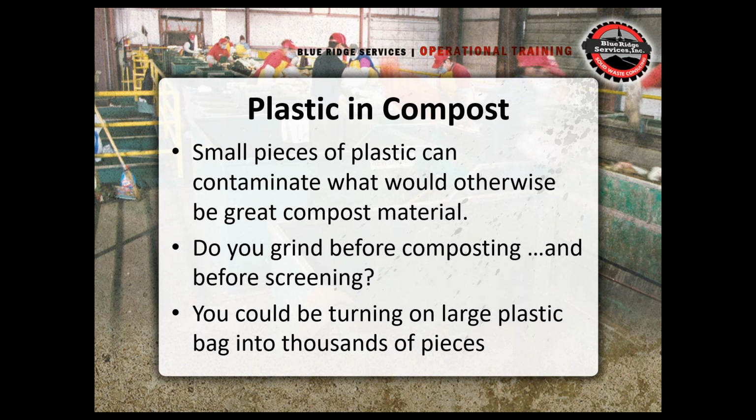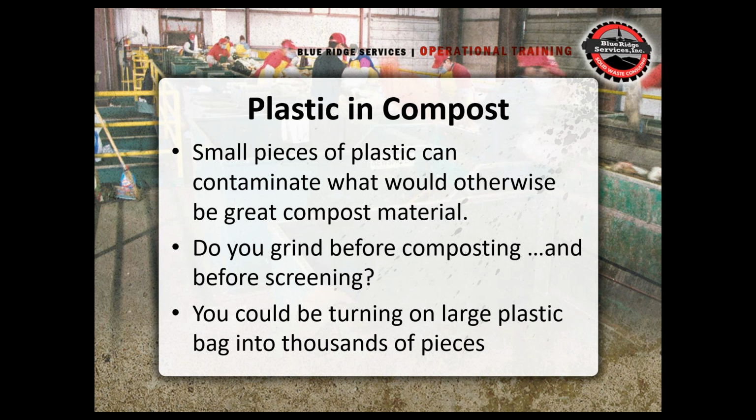Compost also has problems many times with residual plastic, and we're talking about small pieces of plastic. So if you have a garbage bag, a large plastic bag in your feedstock, in your green waste pile, and you don't find a way to get that out before you grind everything up, now you've got thousands of pieces of plastic instead of one bag that you can pull out. This often comes back to public education, and it also comes back to your process. Do you need to grind first?